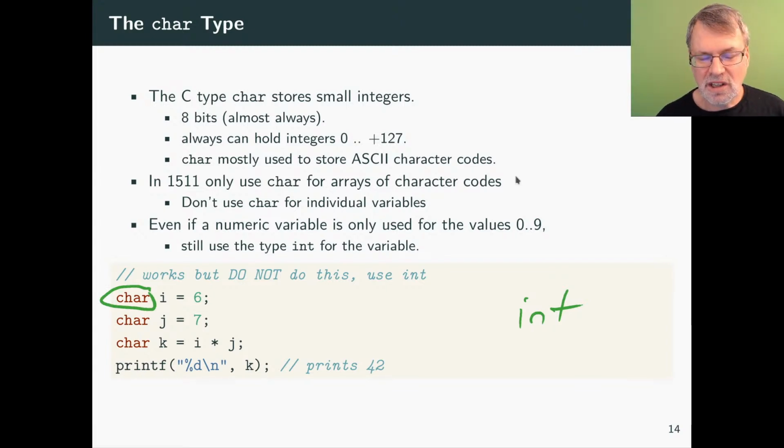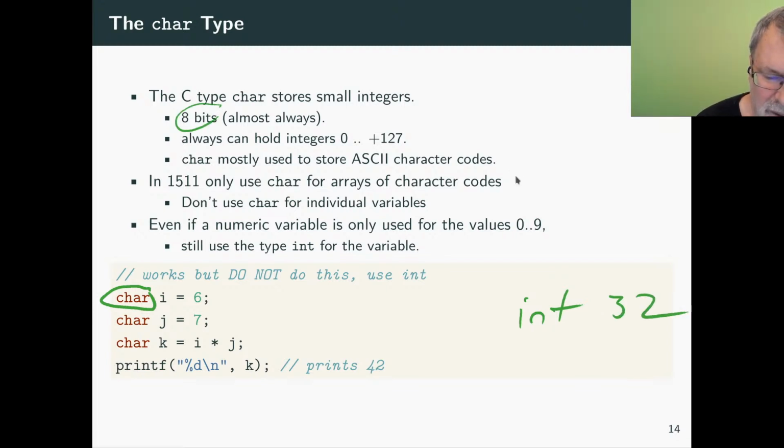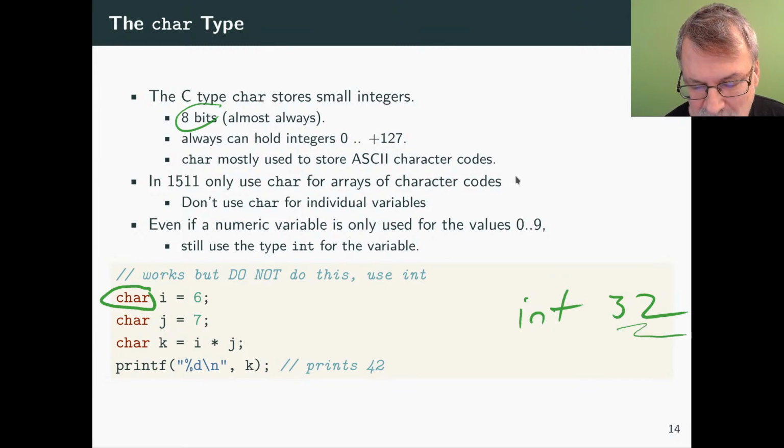So there's another type for storing integers in, and the type is called char. Ignore the name, just think of it as like an int, but smaller. It's usually only 8 bits. Int on our systems is 32. It can vary, but on general purpose computers, the sort we do normal programming on, that's a typical number.